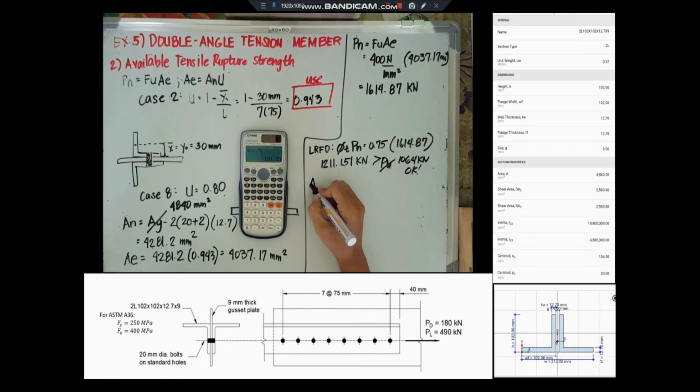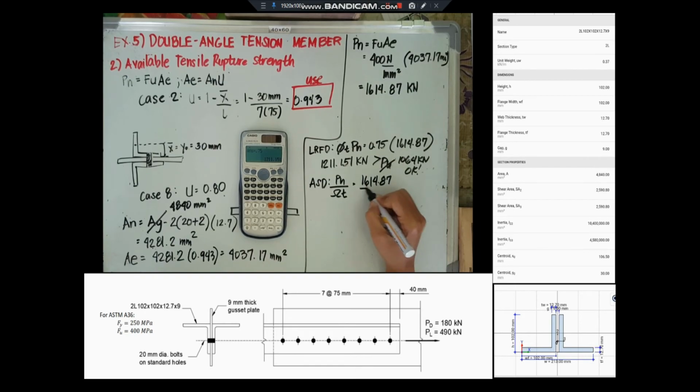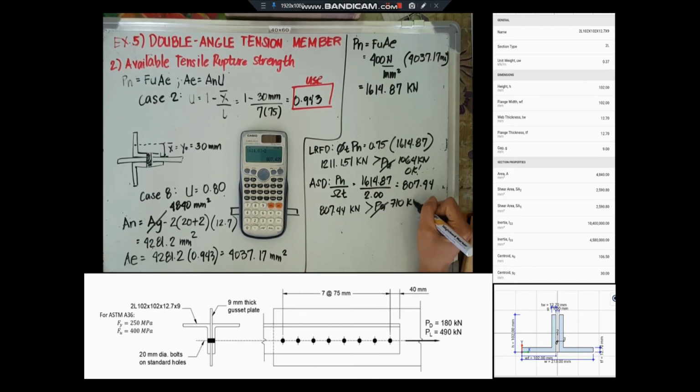And under ASD, we just divide it with our omega T. It would now be equal to 807.44 kilonewton. And compare it with PA. It is larger because our PA is only 710 kilonewton.